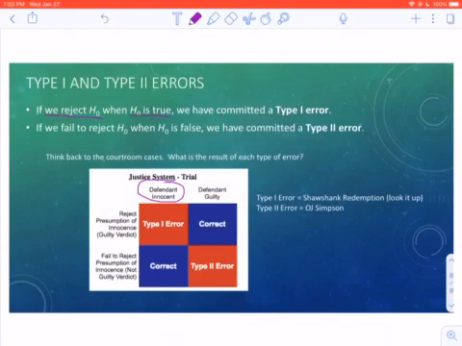So if the defendant actually is innocent, but I reject the idea that they're innocent, then I've committed a type 1 error, and I've put an innocent man in jail because they were actually innocent, but I rejected that idea. Now, if they're actually innocent and I fail to reject that innocence, then I've made a correct decision and everybody's happy.